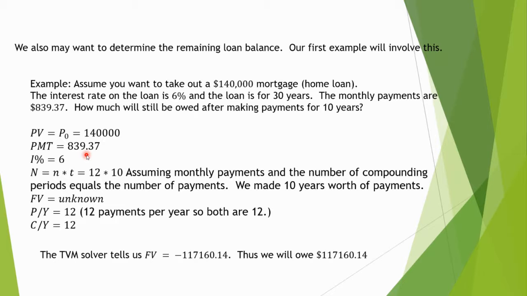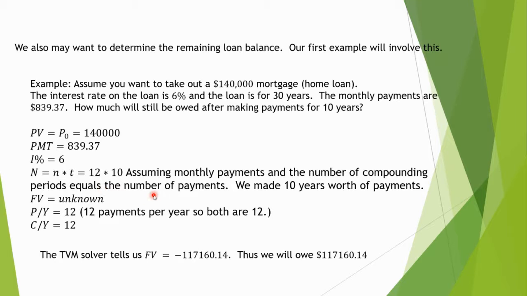But notice t here is 10, because again, we've been doing this for 10 years. So 10 years have gone by. And we want to know what FV is. I'm not sure in the formula, though, if little t would be 10, but we can use the TVM solver.